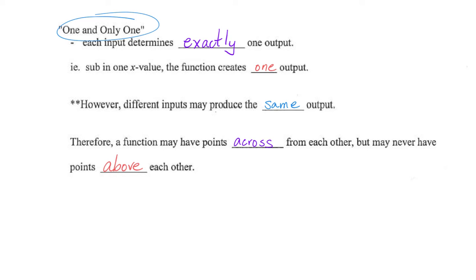Now, I'm hoping that we're good with that terminology, and that we actually get the phrase exactly one output. You see, sometimes when you're younger, we give you these rules or ideas, and we allow you to think about some ideas incorrectly, but it allows the idea behind something to be more understood.